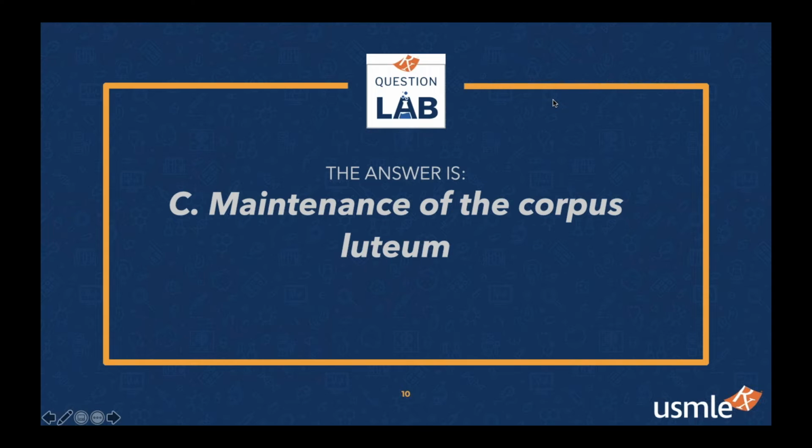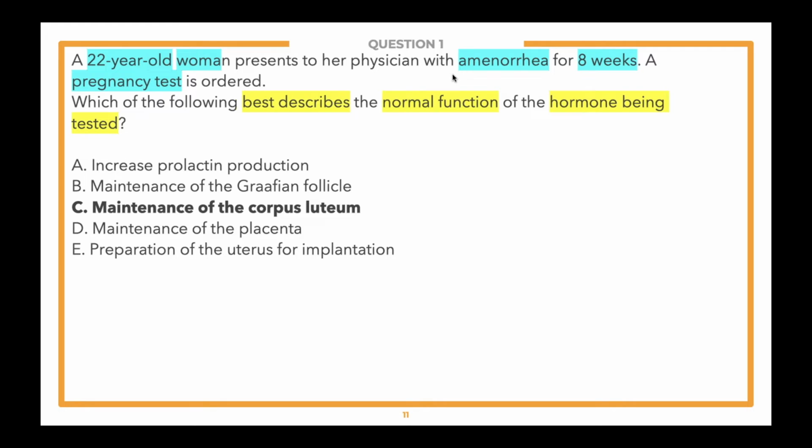Thank you, Sean. Yes, definitely a nice job with this question. So what is this asking us about? Well, in this case, it's important to know what hormone is able to be detected by pregnancy tests, and what is one of the main hormones of pregnancy, and that is human chorionic gonadotropin, beta human chorionic gonadotropin, or beta HCG.